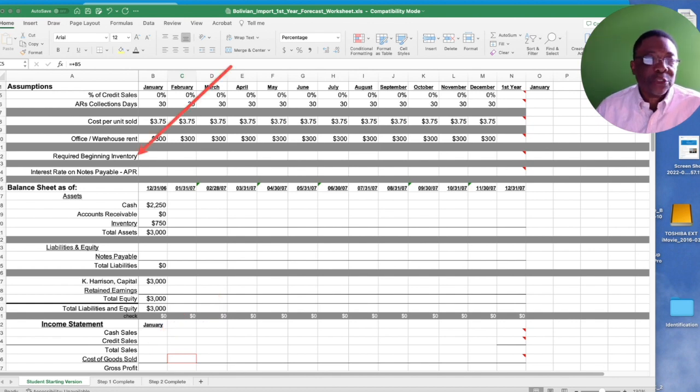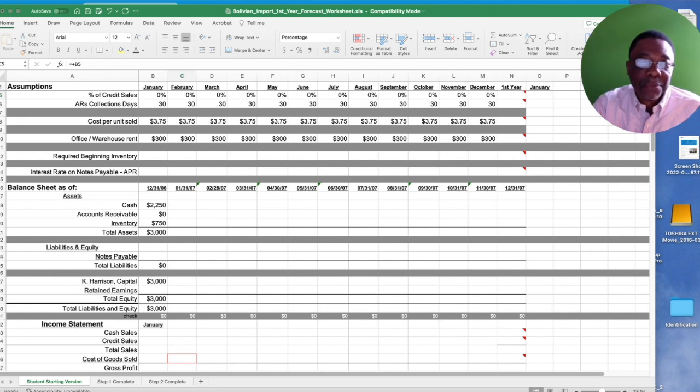Now we're going to add the required beginning inventory. To do that, we're going to have to go back to our case study sheet. We're going to have to go back to the Bolivian import first year forecast worksheet to find out what our required beginning inventory is supposed to be.